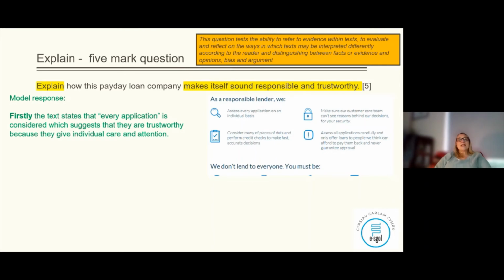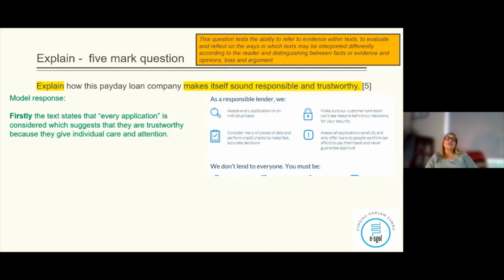So first, the text states that every application is considered, which suggests that they are trustworthy because they give individual care and attention. So we're just putting a little bit more information in what we've already highlighted and annotated. I'm using that phrase, which suggests, because we don't know precisely what the Payday Loans company are trying to tell us, but we can only make inferences based on the information that we've been given.